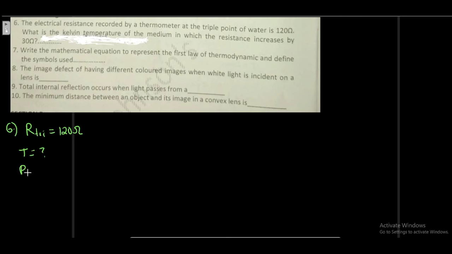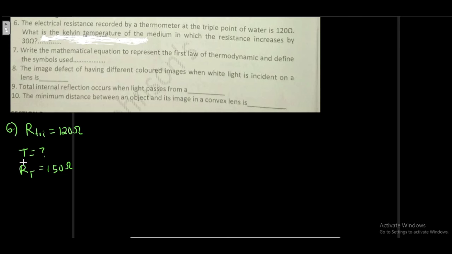So we have a new resistance at this temperature, and that new resistance will increase by 30 ohms of this initial resistance. Since it's increasing by 30 ohms, we are going to add 30 to 120 and it becomes 150 ohms.